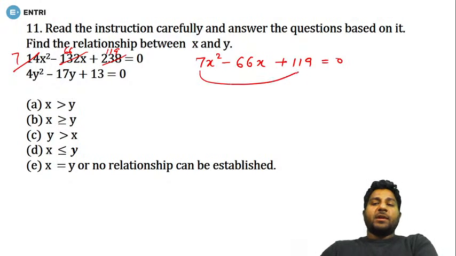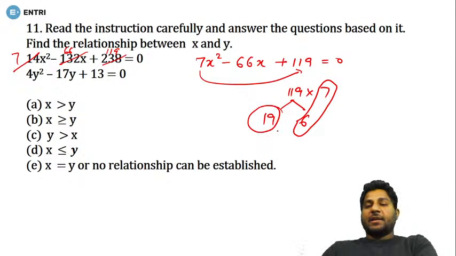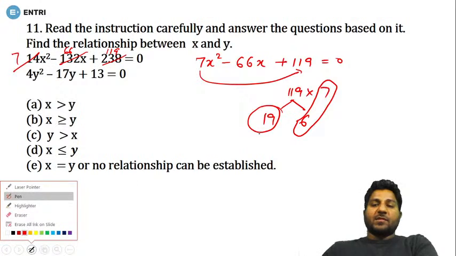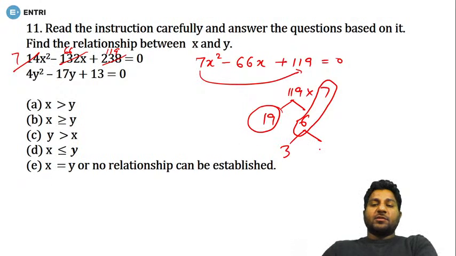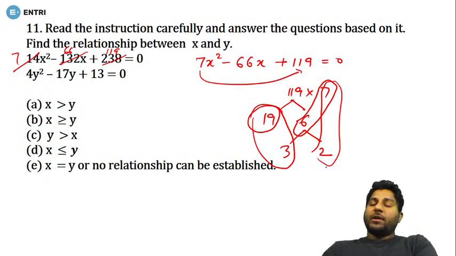So when you multiply this 119 into 7, you will divide 19 into 6. Okay, and you know that 7 6 are 42, 42 and 19. Can you do that? No. So find another solution. Again you will split into 3 into 2. Alright, look at this. 19 3s are 57 and 14. No, it will not be there.